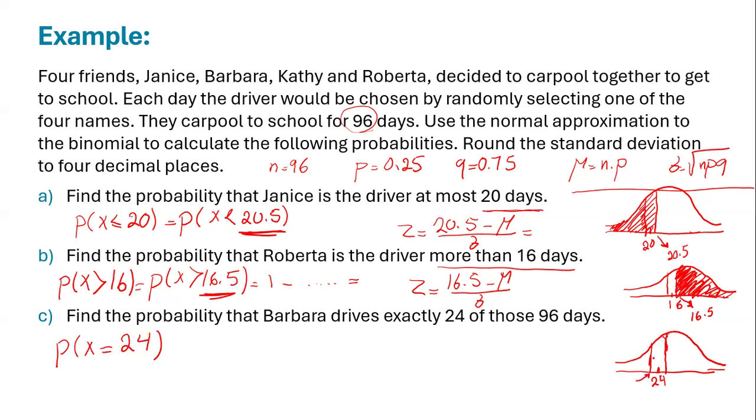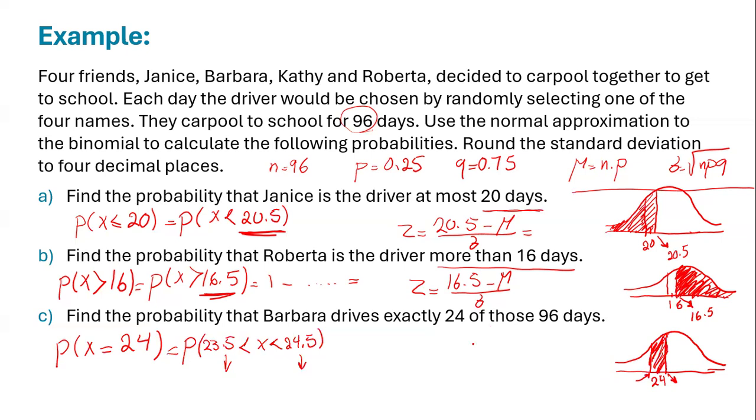So the interval for exactly 24 is just this bar, from 0.5 before 24 to 0.5 after 24, which means I need to find the probability when x is between 23.5 and 24.5. And this time I need to convert both of these values to z.